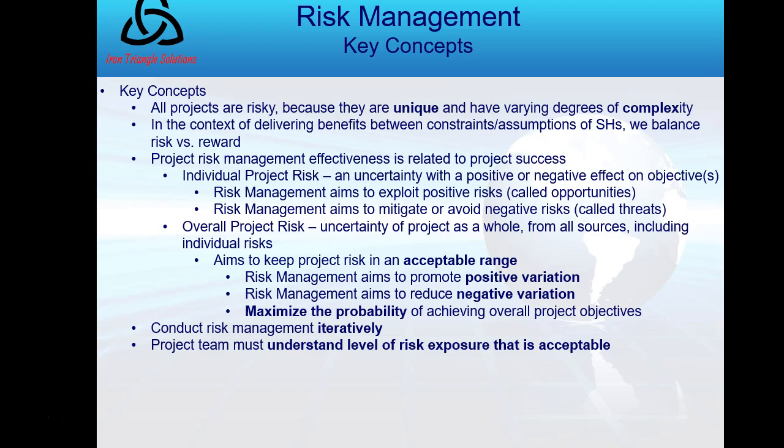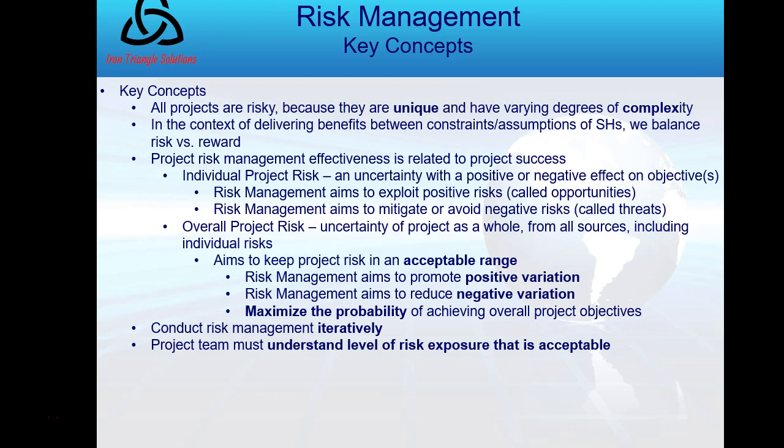When we talk about range, there's going to be some variation. We want to promote positive variation and reduce negative. We want to maximize the probability of achieving the overall project objectives. We will go through this iteratively, which I mean time and again.